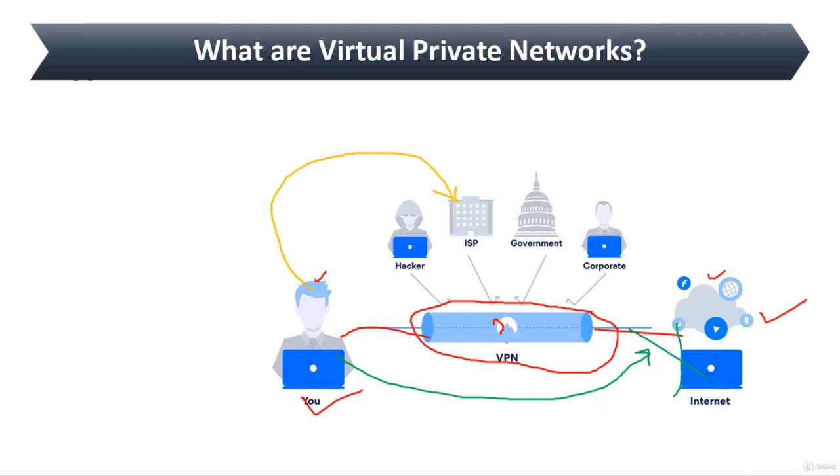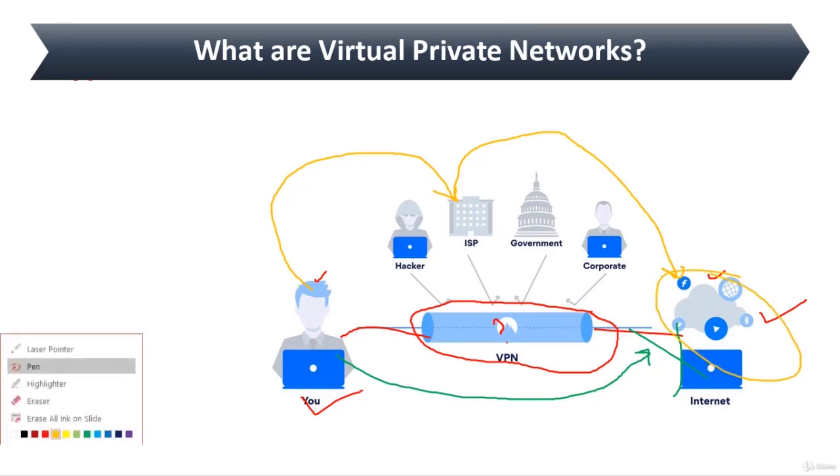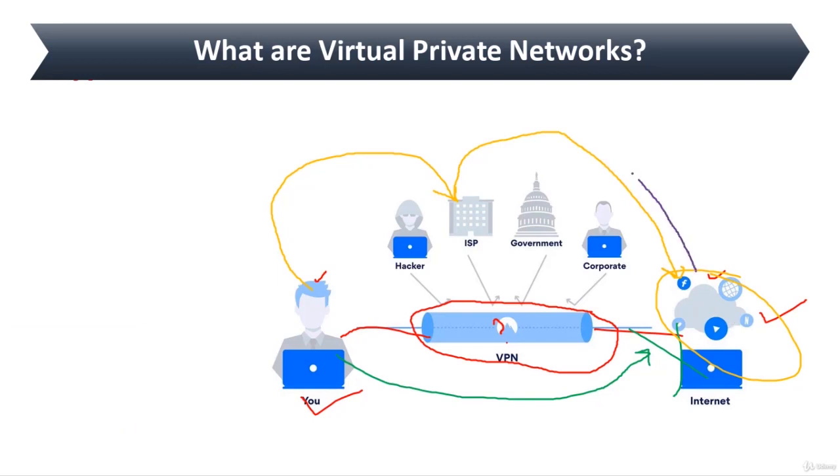Suppose this is Netflix and you are trying to access Netflix directly, but you are not able to do that. So what you do is you access Netflix through the ISP of, let's say, a country where the movies are allowed to be broadcast, and then this ISP sends the packets to Netflix.